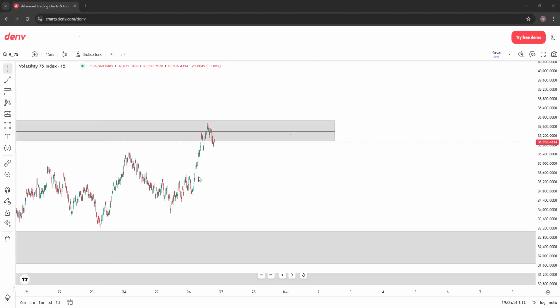I have a request. On some of your examples, is it possible for you to mark out exactly the change of character, the breakout structure, and maybe an example of an entry with stop loss and TP?